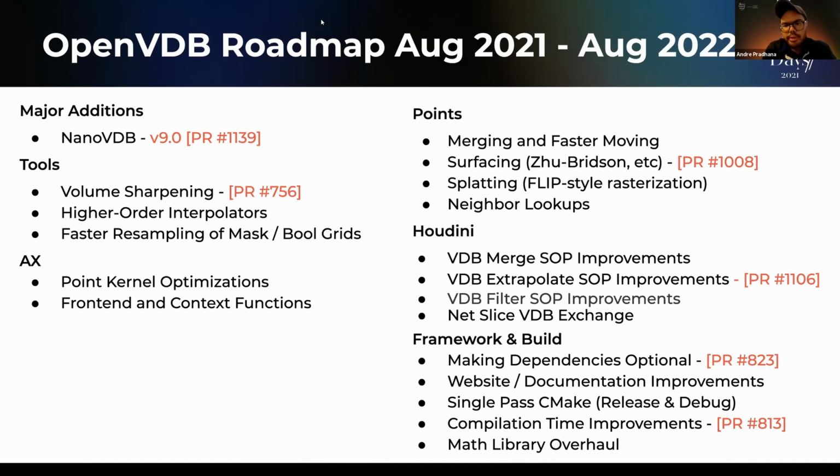So the VDB extrapolate SOP improvements. The extrapolation that was released in 8.1 requires either an SDF or a fog grid as a reference grid, and the field to extrapolate will be extrapolated in all directions of the characteristic trajectories of the scalar grid.